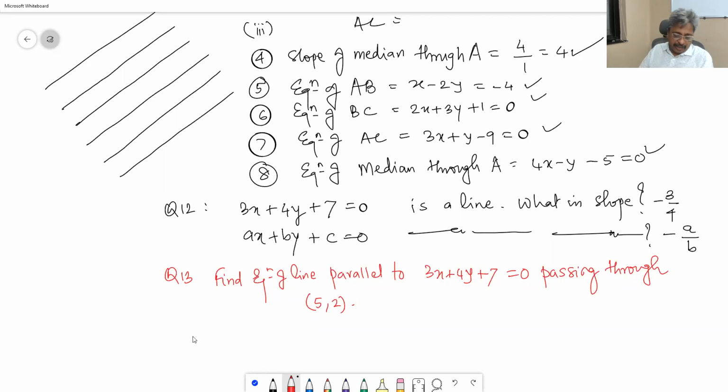Can we find out very quickly? Check. Find out. I just said that all parallel lines will have the same slope. Why?